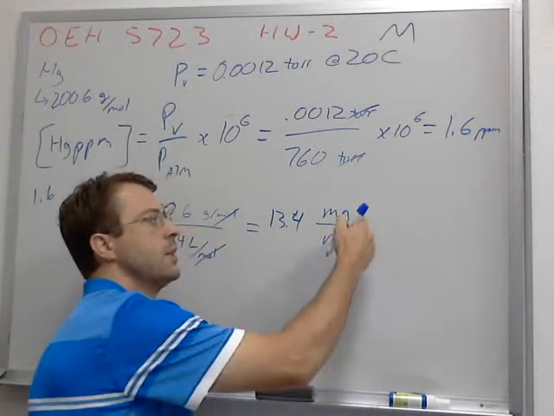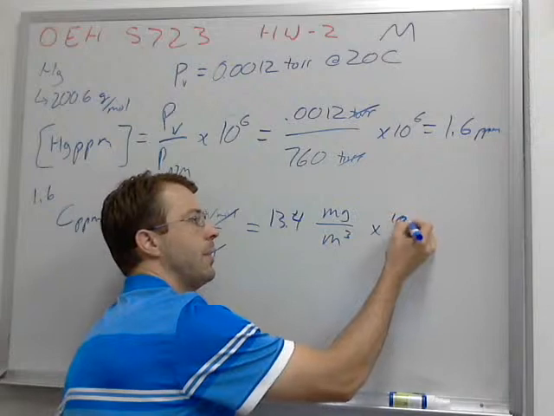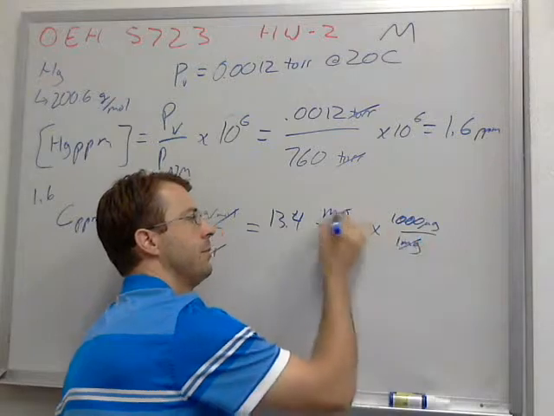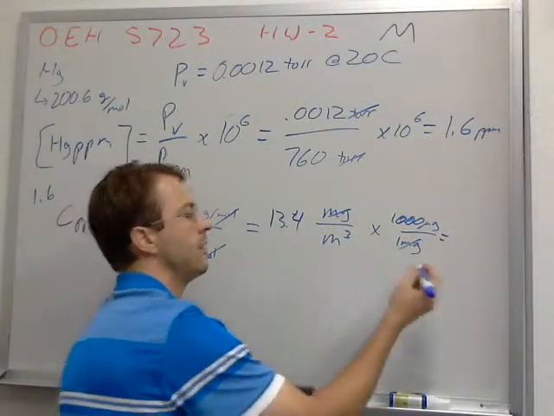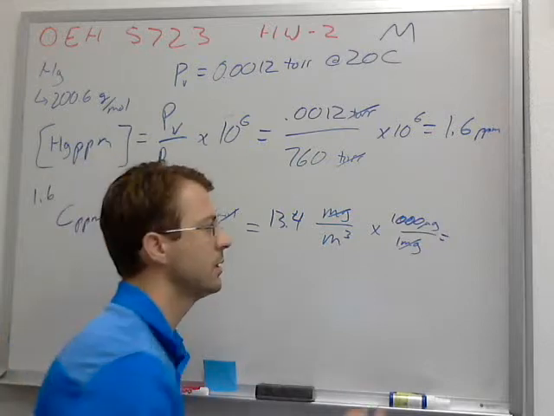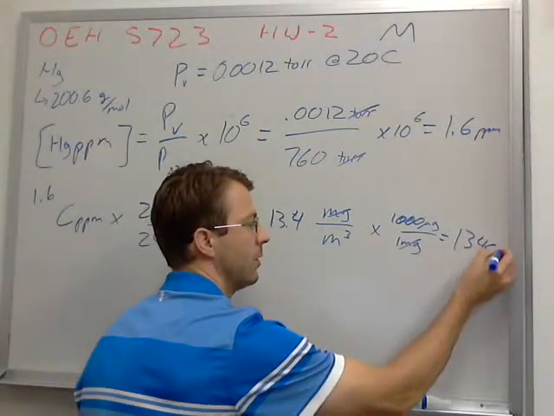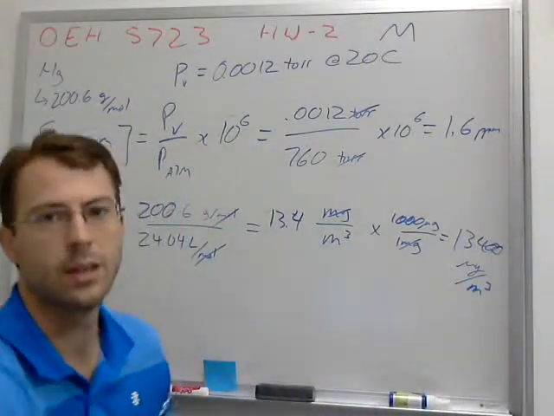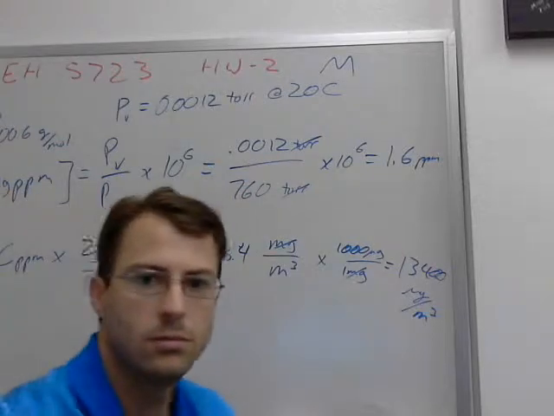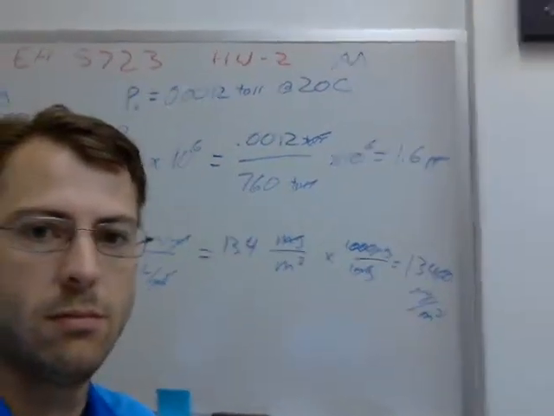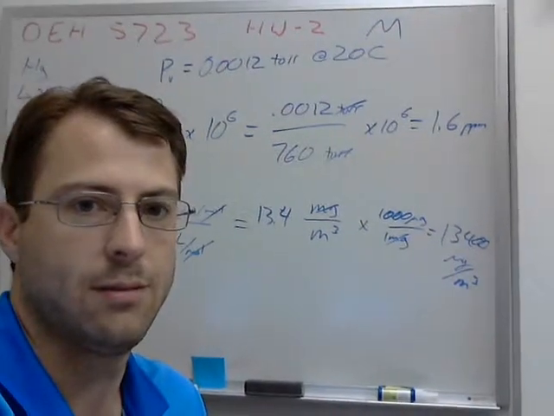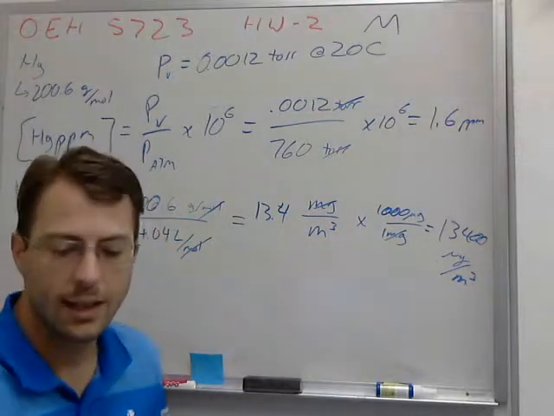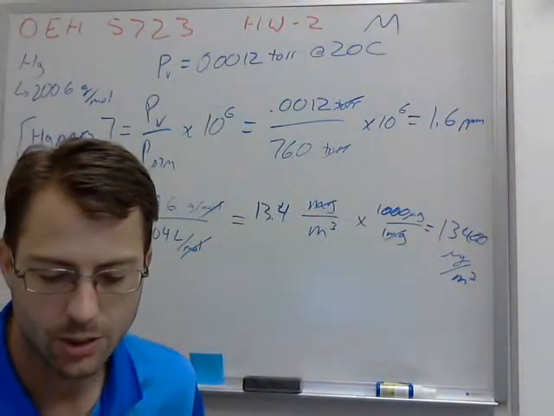Okay, so that's in milligrams though, so we need to multiply by 1,000 micrograms per 1 milligram, and so now we have 13,400 micrograms per cubic meter. Okay, whoa. Earthquake. No, I bumped the wall. I bumped the desk. Alright, so that is the answer to our question.